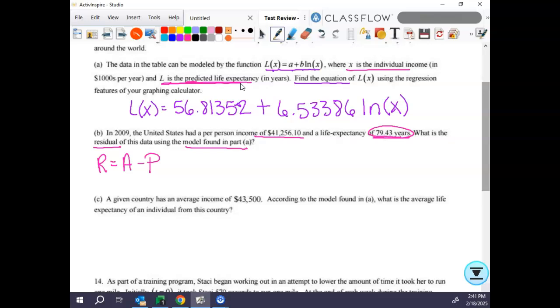This is always for outputs. That's your residuals for your output. So the life expectancy, that's how I know to use this and not the monies. So I'm going to take my actual, which is 79.43, and I'm going to subtract L of this 41,000.